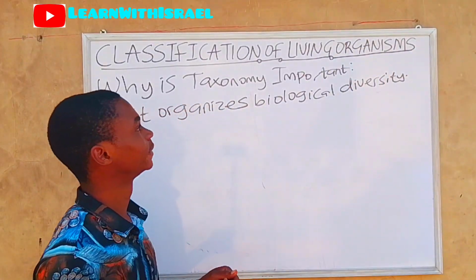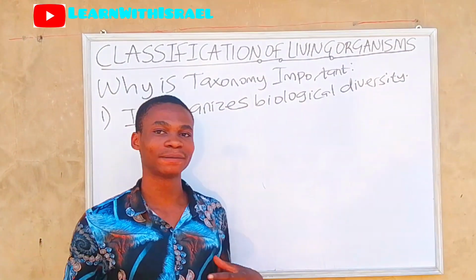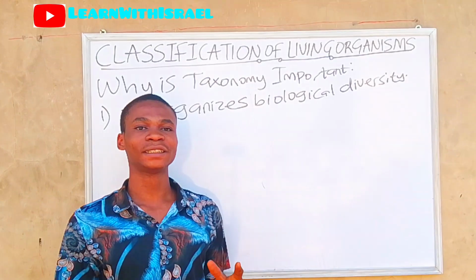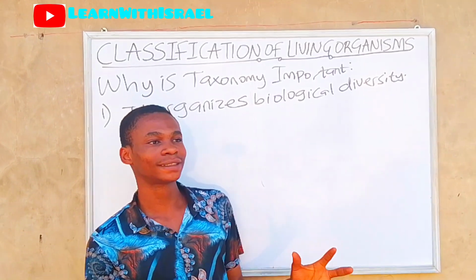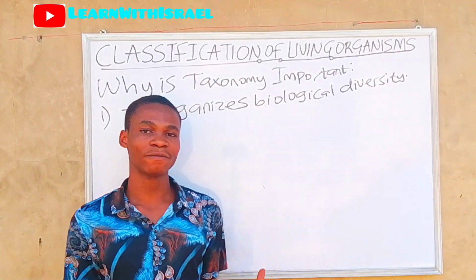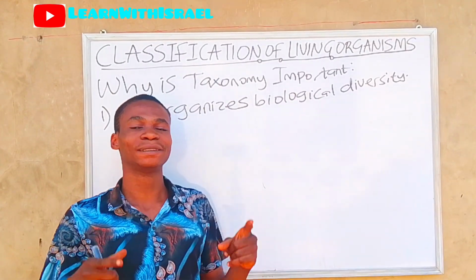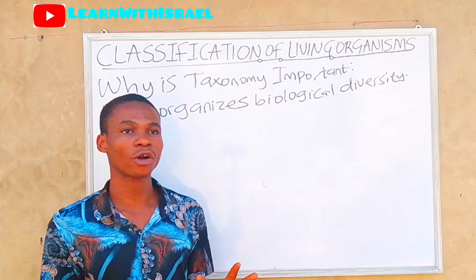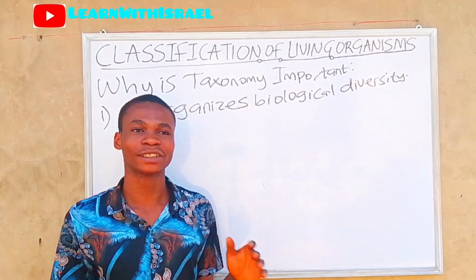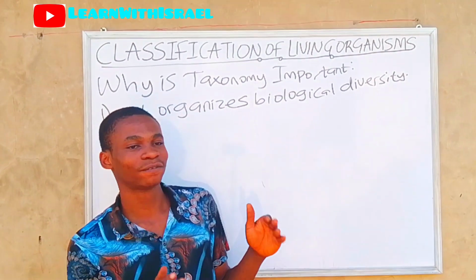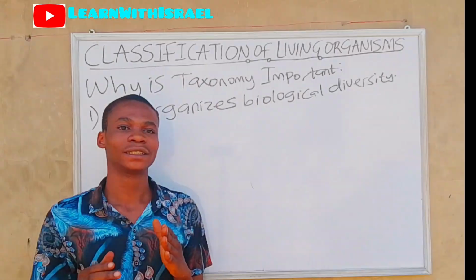And how does taxonomy organize biological diversity? All organisms have groups where they came from, and it is with the help of taxonomy that this is done. So all humans, all plants, all animals are being classified, are being diversified.